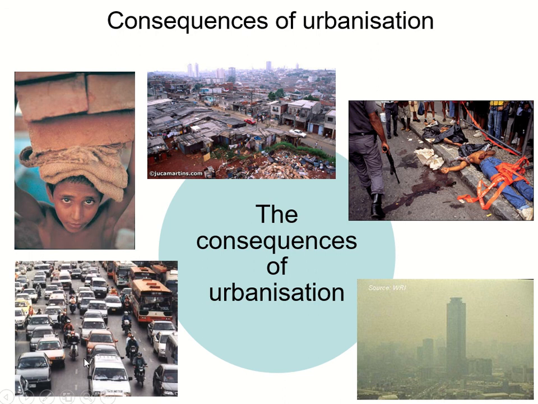It can lead to massive congestion and air pollution as a result of that, which is linked here. So congestion, increased kind of safety issues on the roads is another issue and consequence of rapid urbanisation. Air pollution, you can see here, this is not smoke, this is not fog, it's a combination of the two.